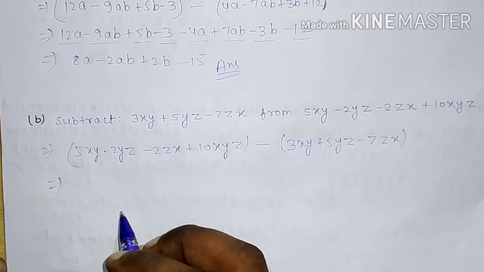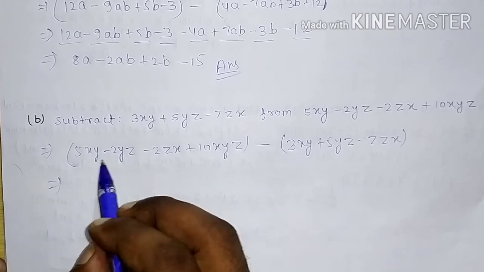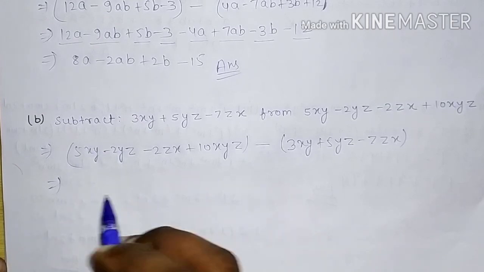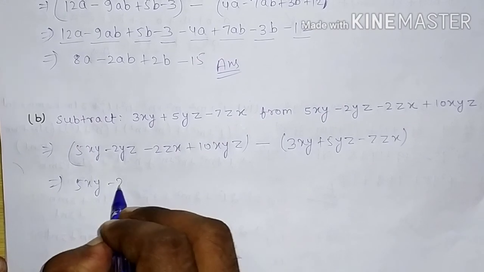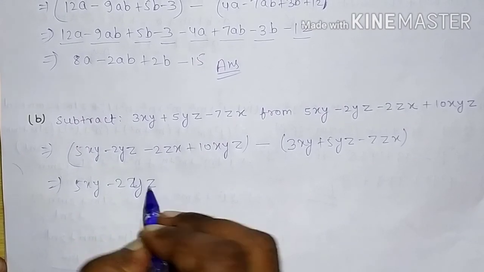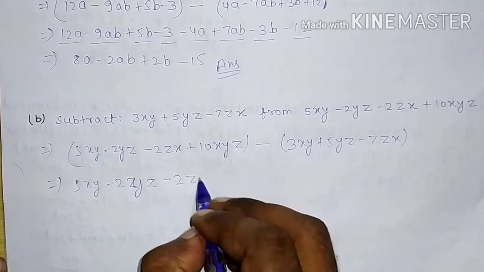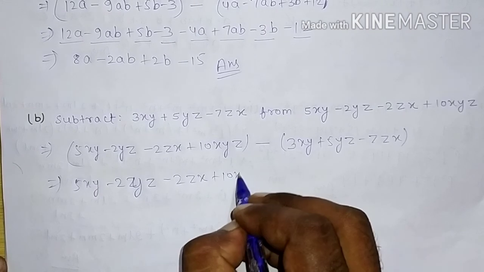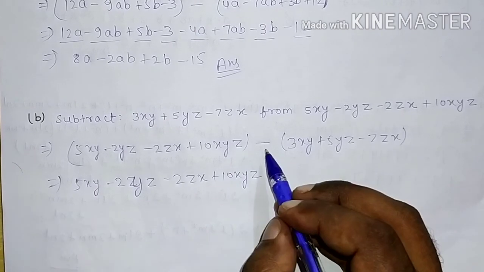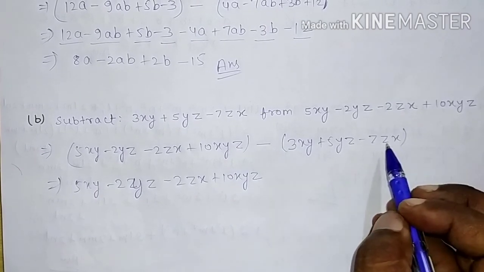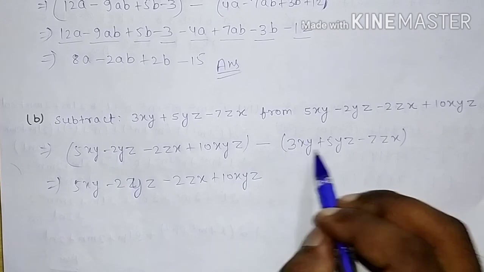So just subtract it. The first term is given, so write as it is: 5xy minus 2yz minus 2zx plus 10xyz. Minus is multiplied in all terms, so the sign will change in each term.